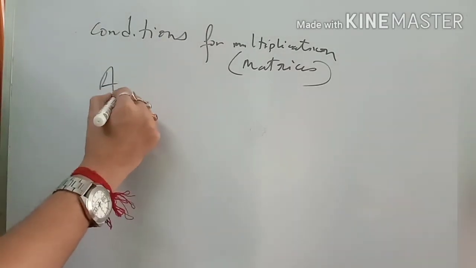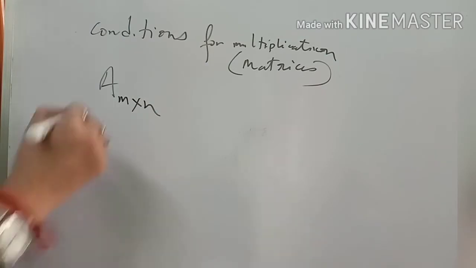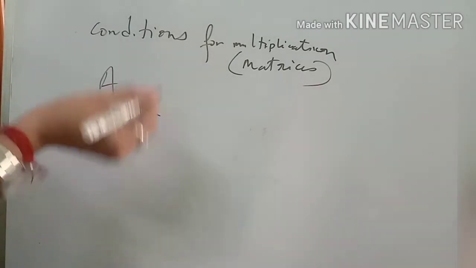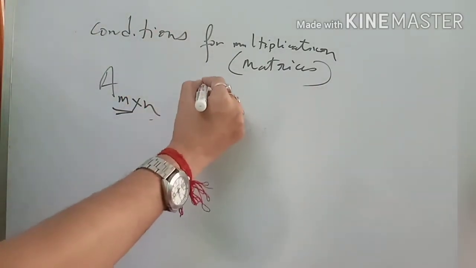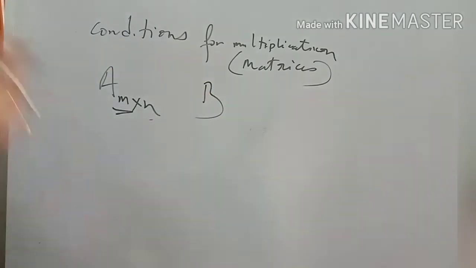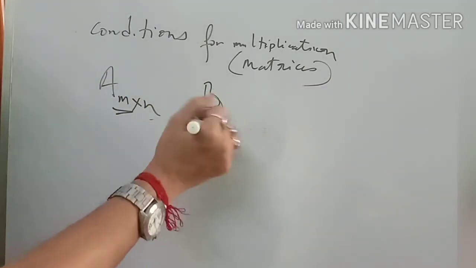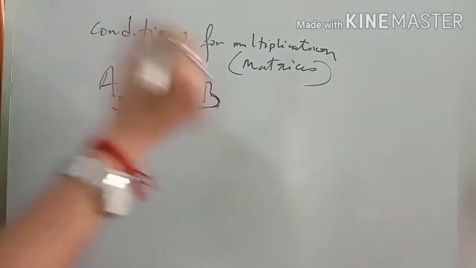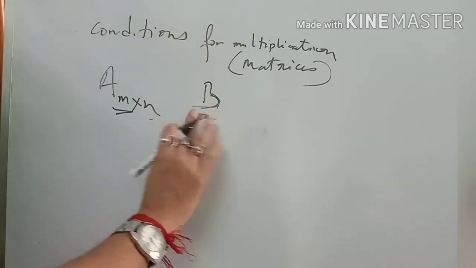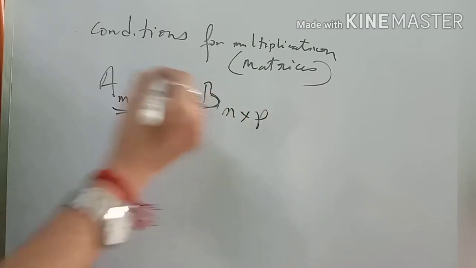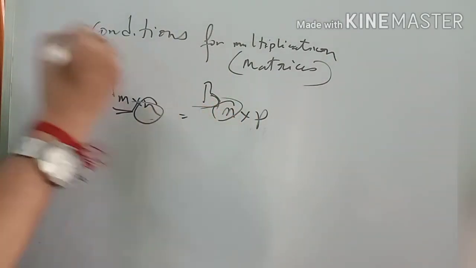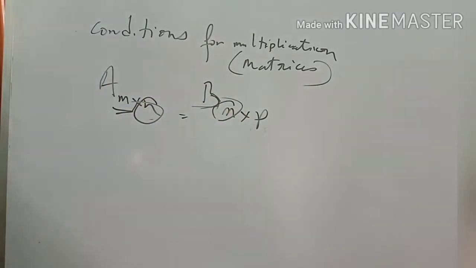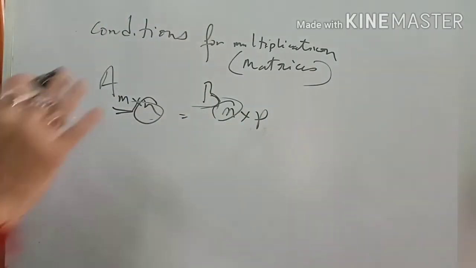Now see, A is m into n. What does m stand for? What was n representing? m is the number of rows, and n the number of columns. Now A and B are going to get multiplied. For this, the number of columns of A must be equal to the number of rows of B. If this condition is satisfied, then they can multiply, we can get the product, and multiplication is possible.